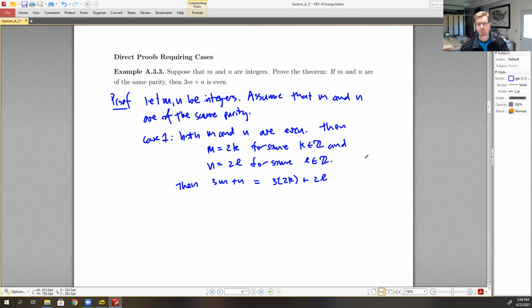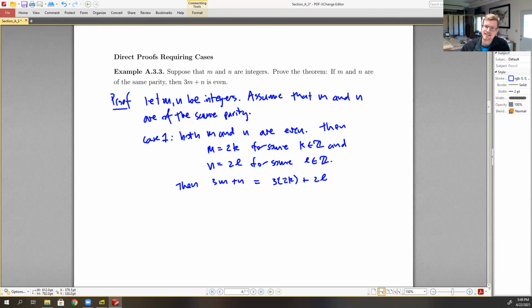In this case, they're both of the same parity, and more specifically, we're looking at when they're both even. So we have representations for them. Now that we have utilized that definition, we want to show something about 3m plus n. In particular, we want to show that it is even. So in order to do that, I need to be able to write it as 2 times something.